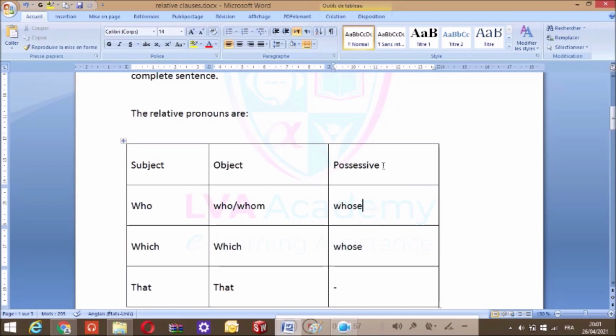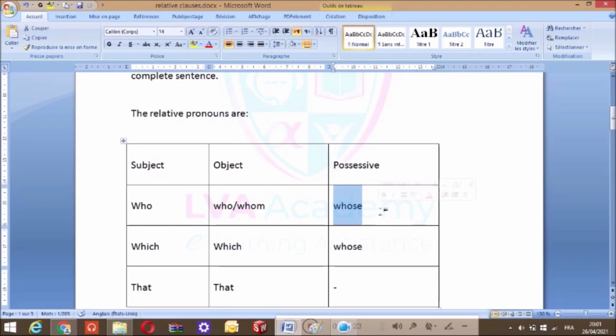If we are referring to possessors, we use whose. Let's take, for example, the following sentence. The man whose house was on fire felt sad.